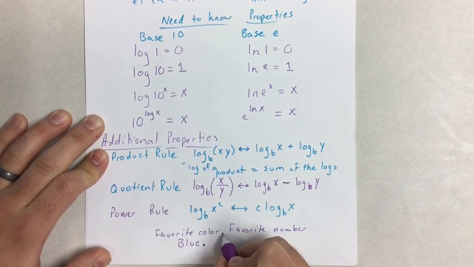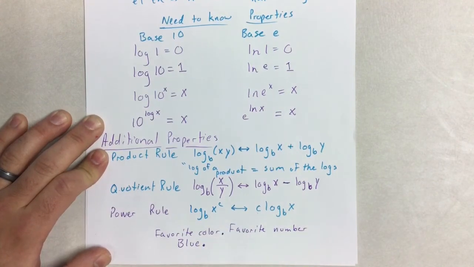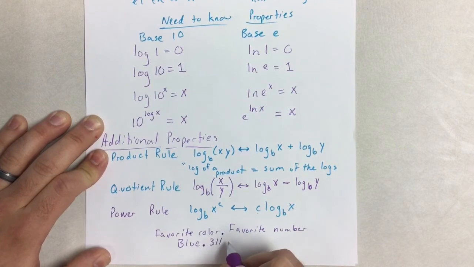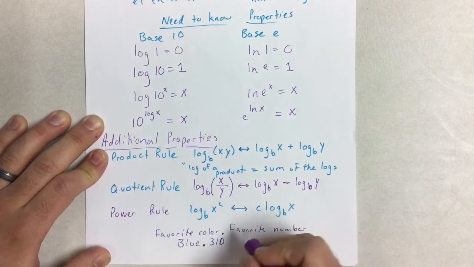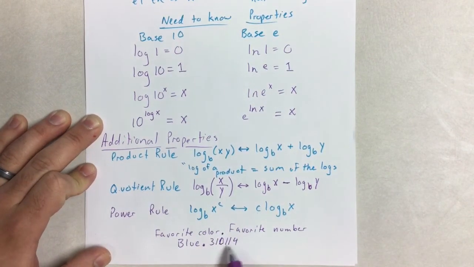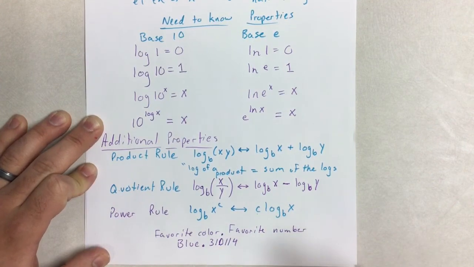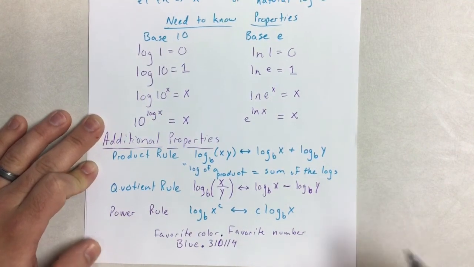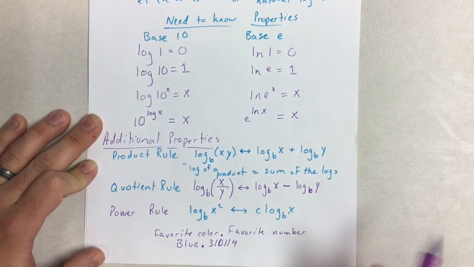My favorite number would have to be 310. It's my favorite number, but I can't remember it. 310, 11, 4. Because this is my son's birthday, March 10th, and my daughter's birthday, November 4th. So that would be my favorite number. I just thought I'd share that with you. I thought it'd be a good way to end this video.